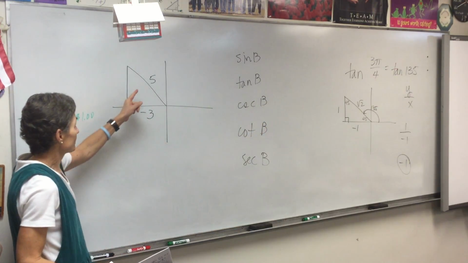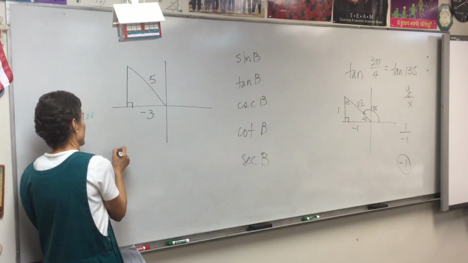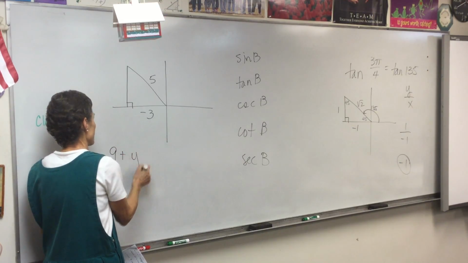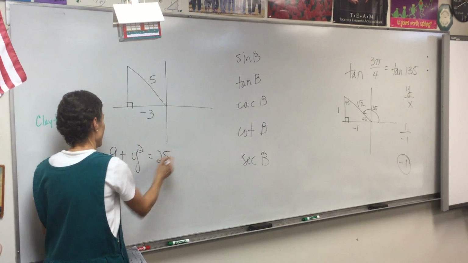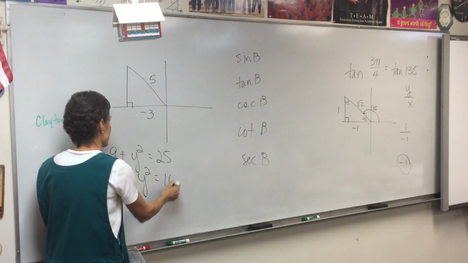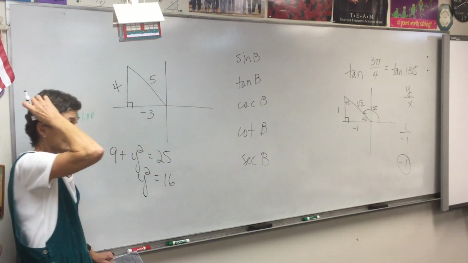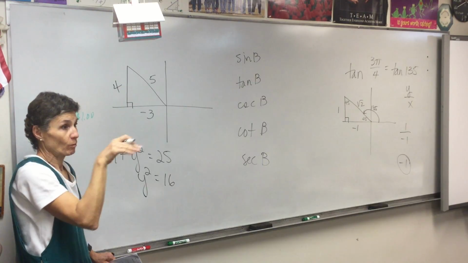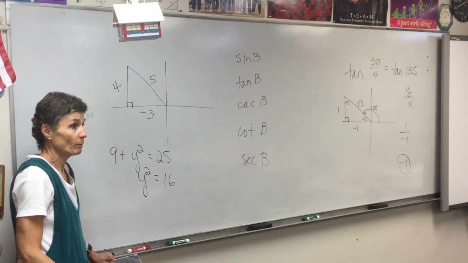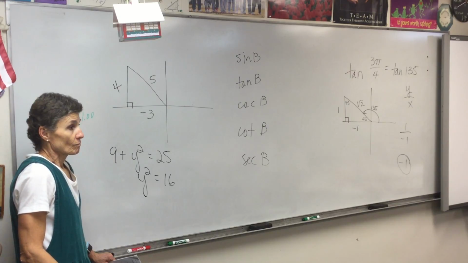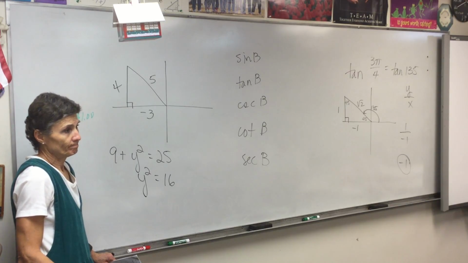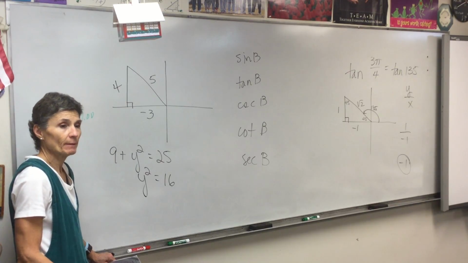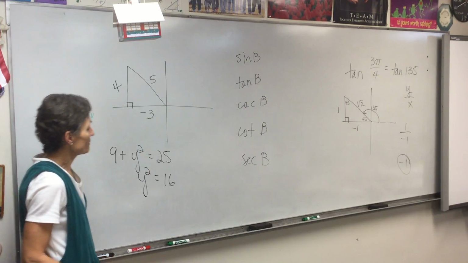Alright, so Pythagorean theorem, here we go. 9 plus y squared equals 25, so y squared equals 16. This is 4. Many of you probably already knew that, because 3, 4, 5 is what we call a Pythagorean triple. Positive 4 or negative 4? Positive. Yep, positive 4.